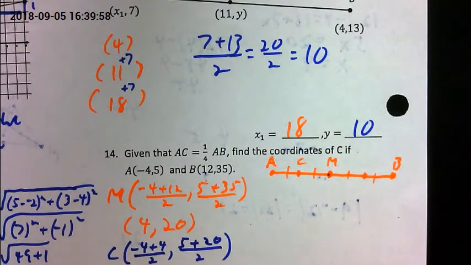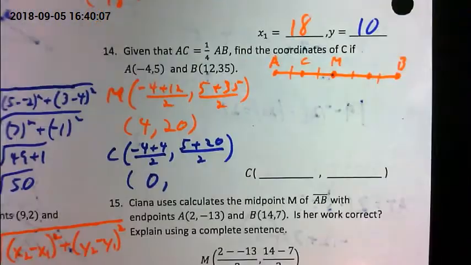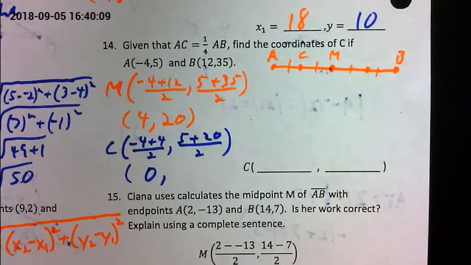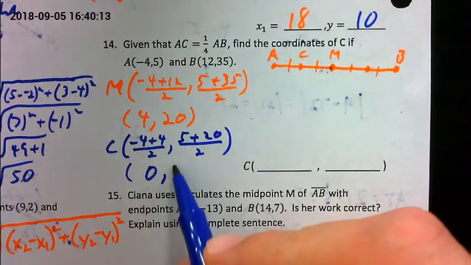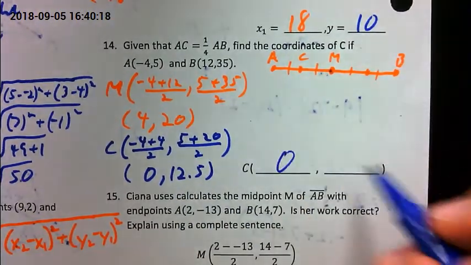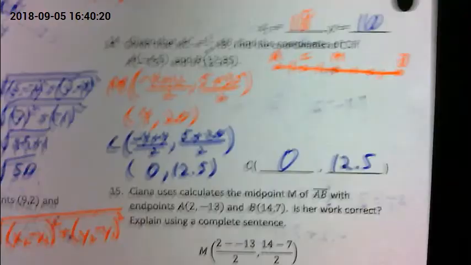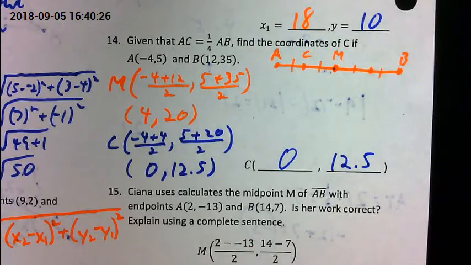Well, that's 0. 0 divided by any number is still just 0. 5 plus 20, thank you, 25, divided by 2 is 12.5. So we actually get a decimal on this one, but that's fine. That's our final value, 12.5. You could have also written that as a fraction if you wanted to. So you could have left it as 25 over 2. Improper fractions are fine.